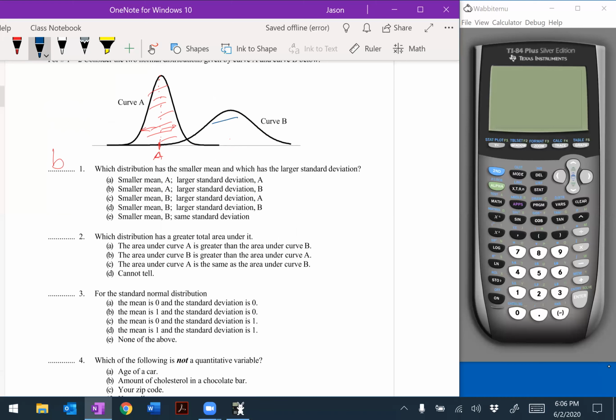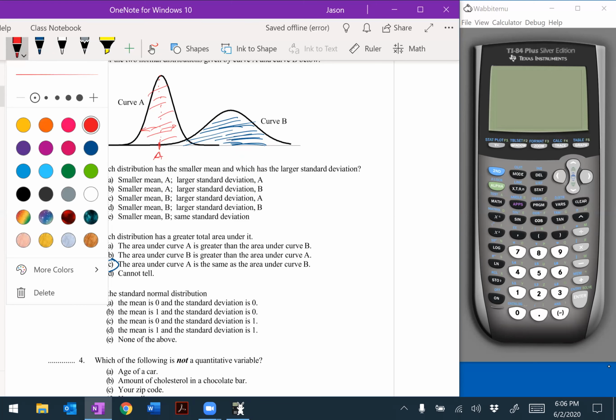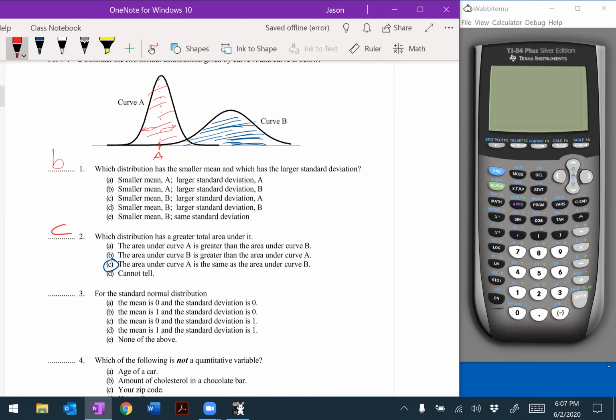And the area here, those are going to have the same area. So that would be C. Okay, and so we'll put C there for that one. That's a B. Oops. That's a B for that one.